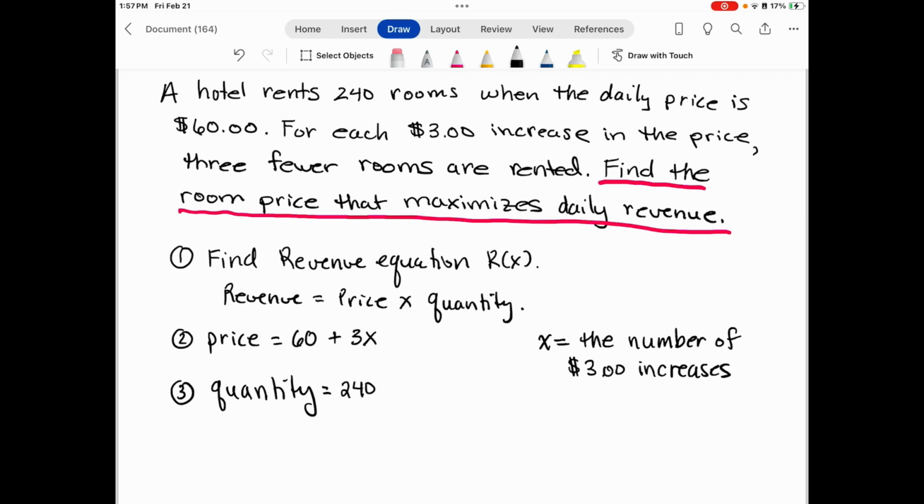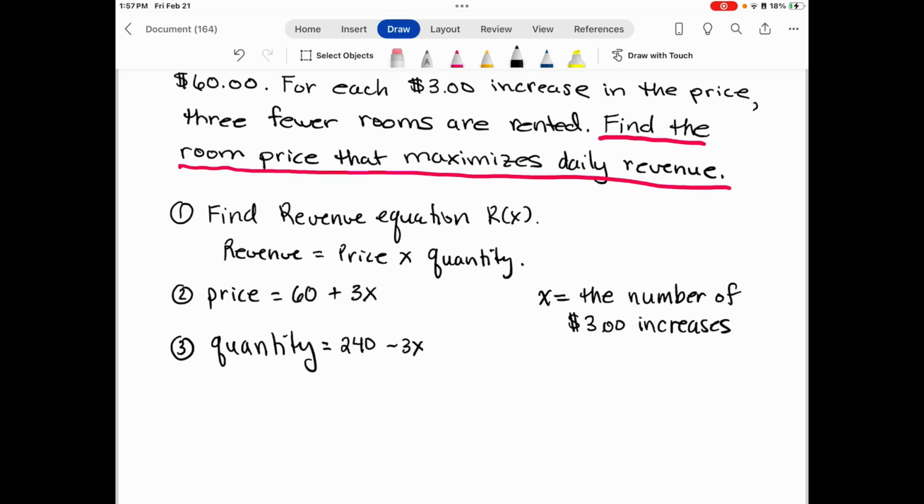So I need to subtract 3X. So if there are 2 increases of $3, then I would take 3 times 2, which would give me 6. So that's 6 less rooms that are being rented out.